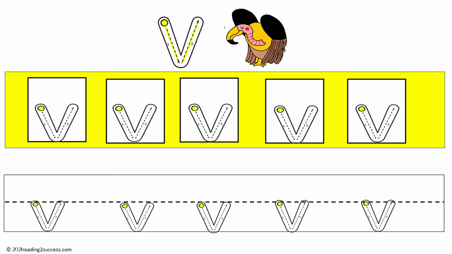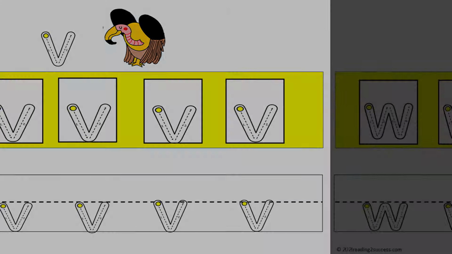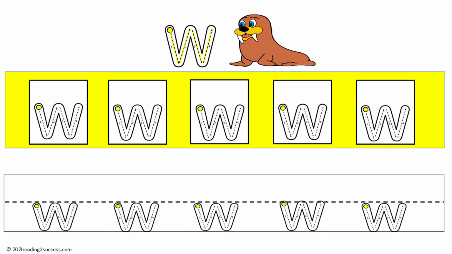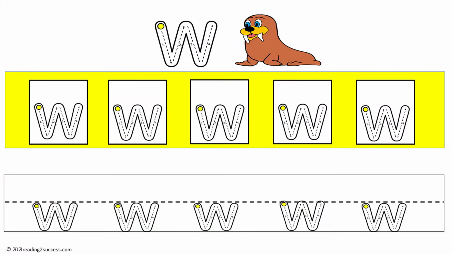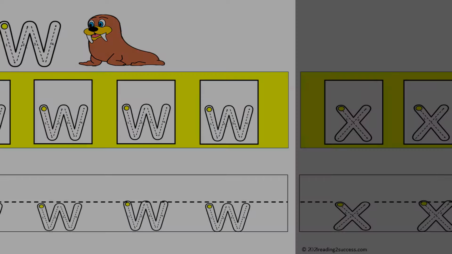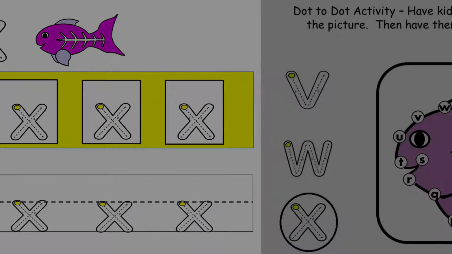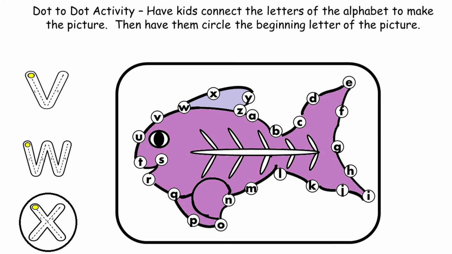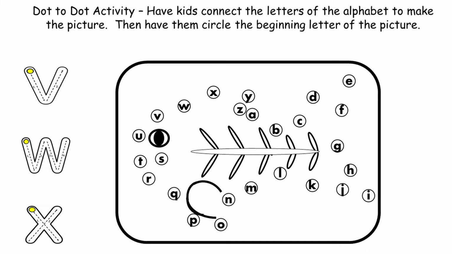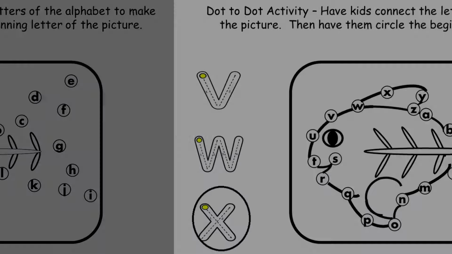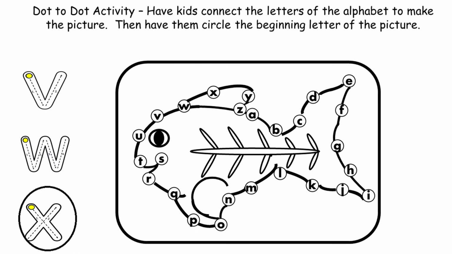Now have kids complete the practice pages for the letters V, W, and X. Have kids complete the dot-to-dot activity. This is the practice page, and this is a completed example.